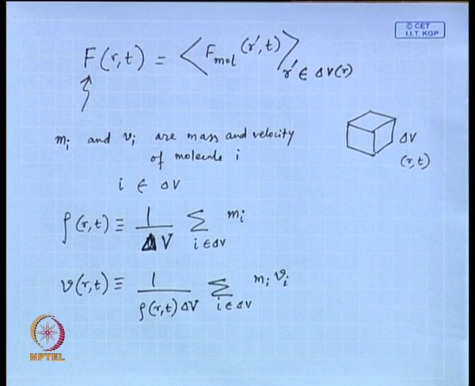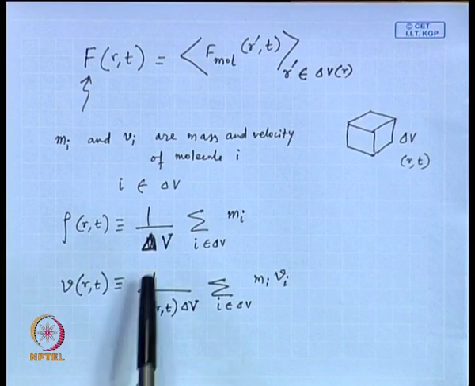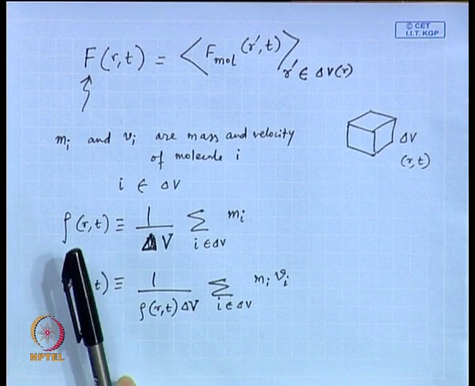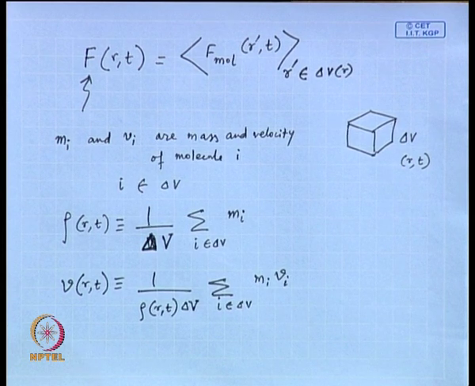So, what is done here is that you have defined these field variables, one is density, another is velocity, defined for all the molecules existing inside this volume element delta V.